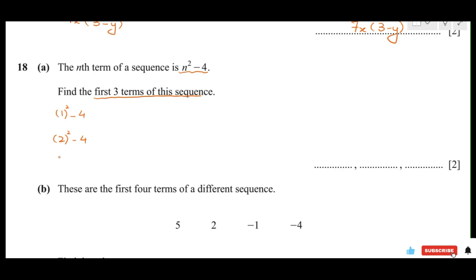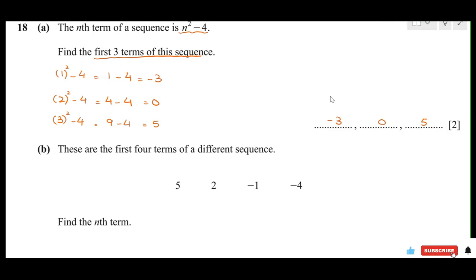For the third term, n is 3, so 3 squared minus 4. 1 squared is 1, minus 4 equals negative 3. This is my first term. 2 squared is 4, minus 4 equals 0, my second term. And 3 squared is 9, 9 minus 4 equals 5. This is my third term of the sequence.